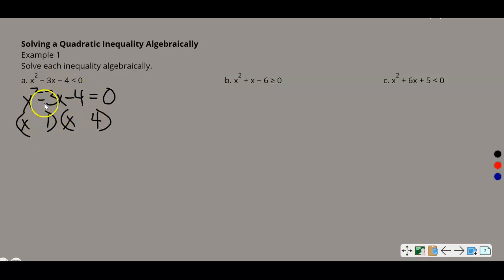And because my middle term is negative, my bigger number has to be negative. So hopefully you have practiced factoring. This is something that you can do quickly. And then we have to set each factor equal to 0 using the zero product property, which hopefully you've heard me mention a few times.